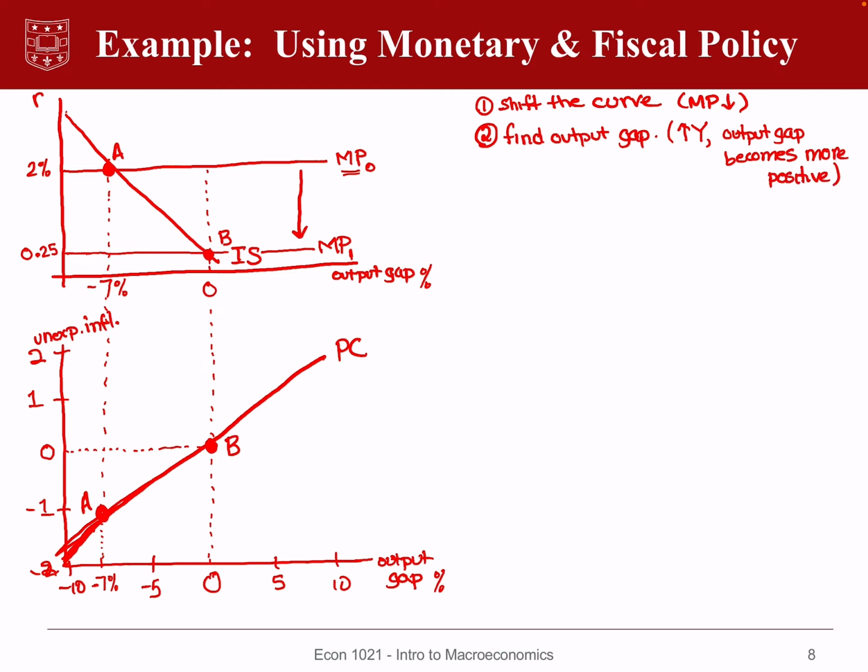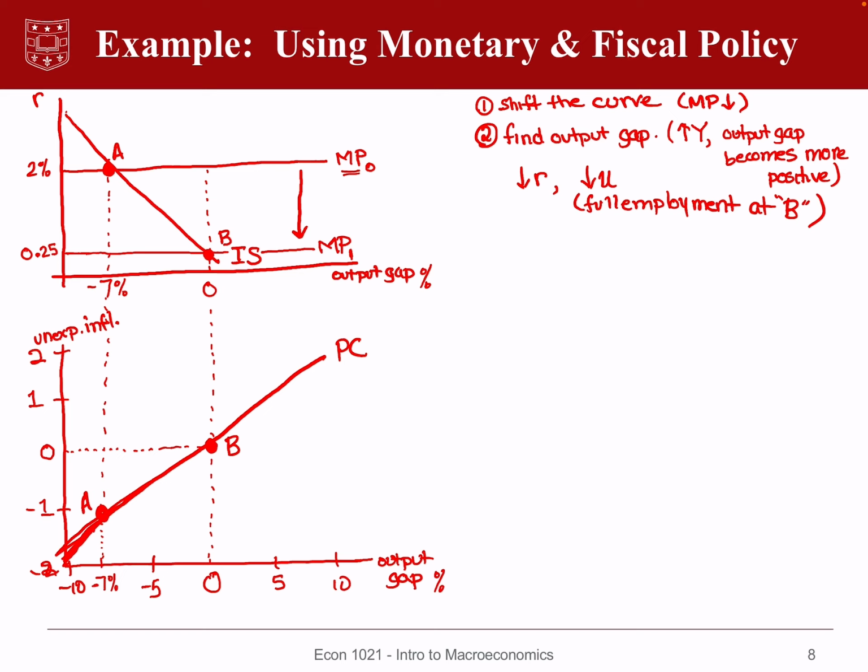What else can we say? Of course, we can say that there are lower real interest rates in the macroeconomy, because that's what was our initial shift. We can also say that there are lower unemployment rates. The unemployment rate at point A was higher than normal. At point B, we have full employment.